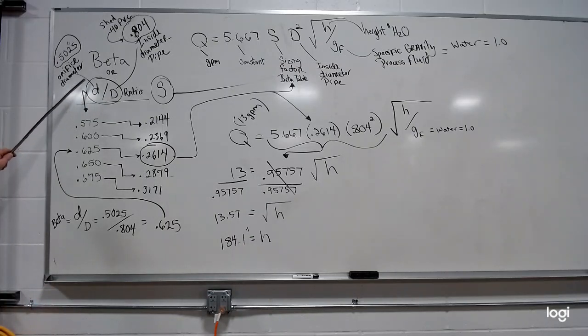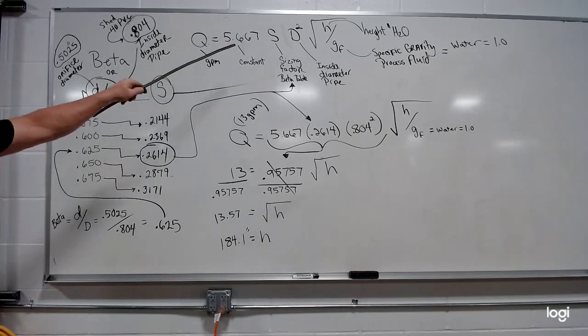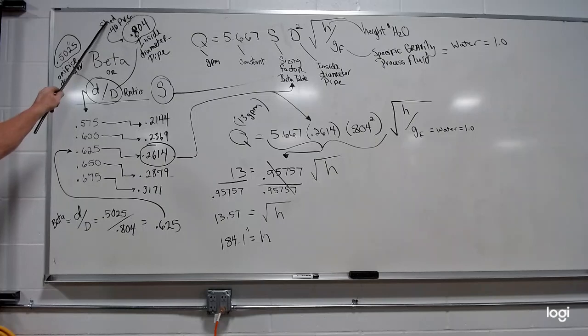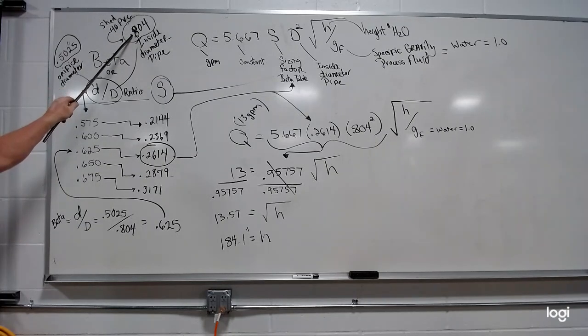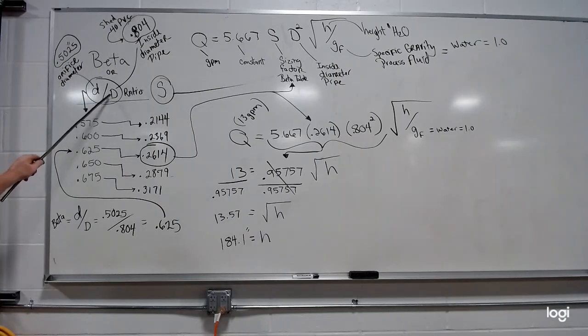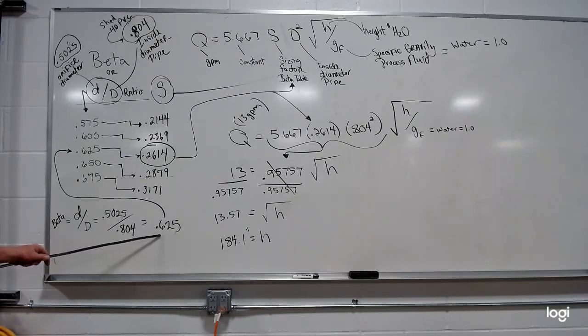So the little d is your orifice diameter, the big D is the inside diameter of the pipe, like we talked about. And Schedule 40 PVC 3/4 inch is 0.804 for an ID. So the d to D ratio is literally little d divided by big D. If you divide those two out, 0.5025 divided by 0.804, we come up with 0.625 for a beta.